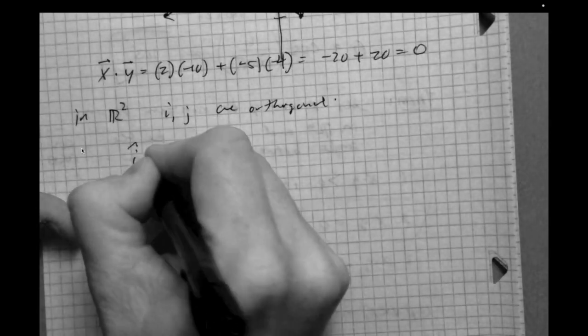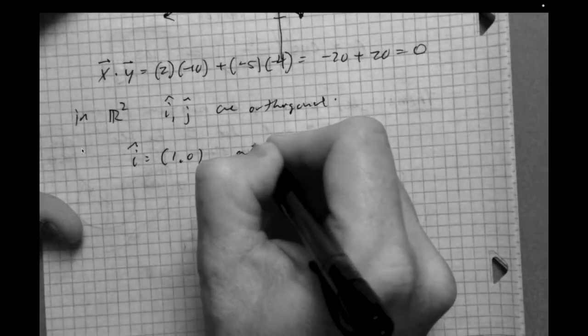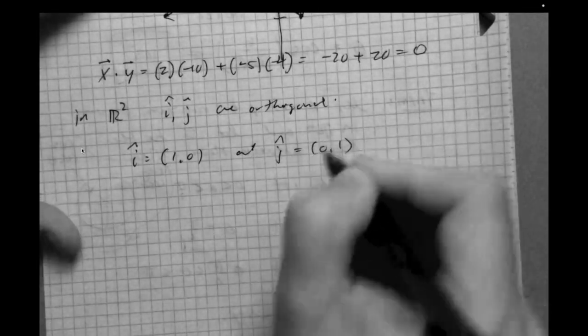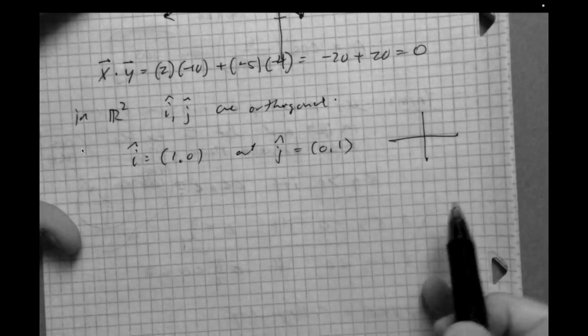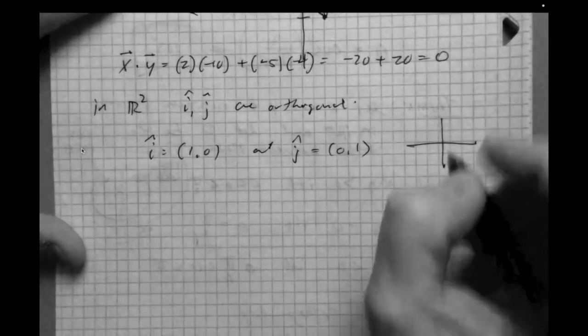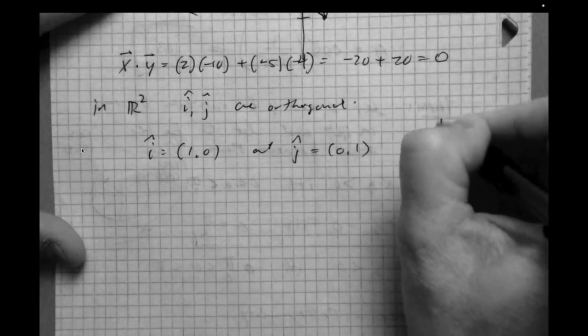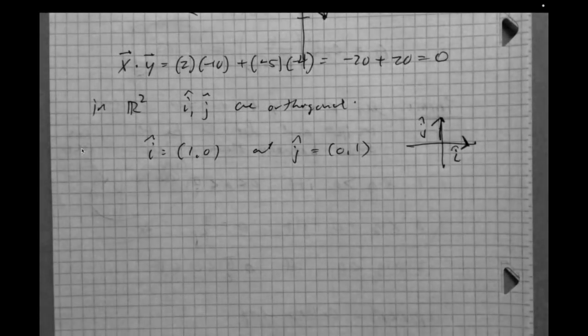Remember, i hat is (1, 0) and j is (0, 1), right? So on a grid in the plane, this would be your i, and then j is here. Obviously they're at right angles to one another because they're on the axes.